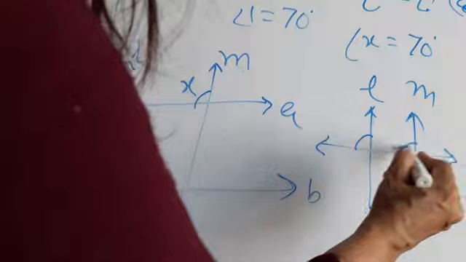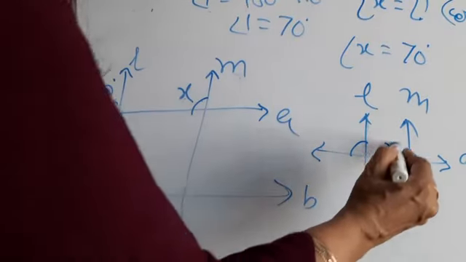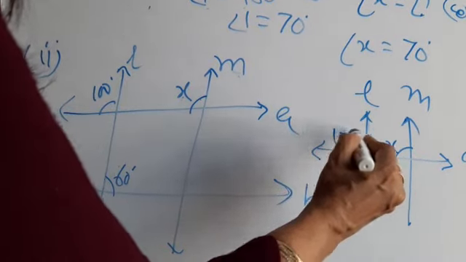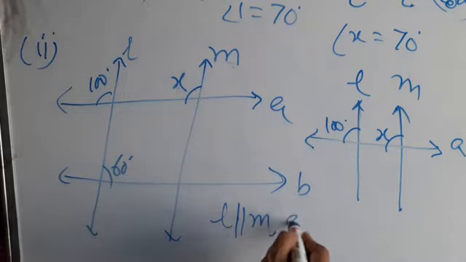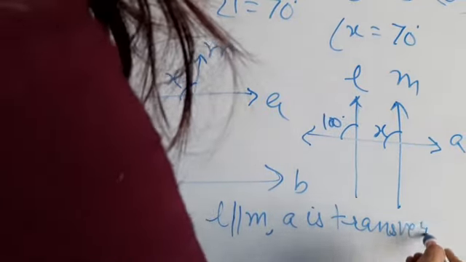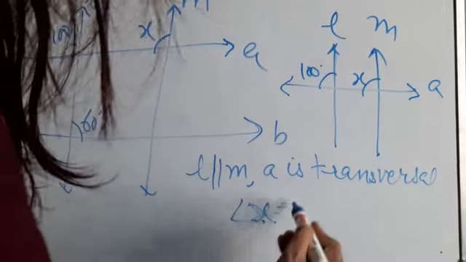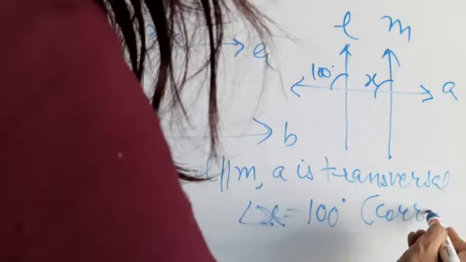So these two angles are corresponding angles, so x and 100 are equal. Write L is parallel to M, A is transversal, angle x is equal to 100 degrees. Reason, write down corresponding angles.